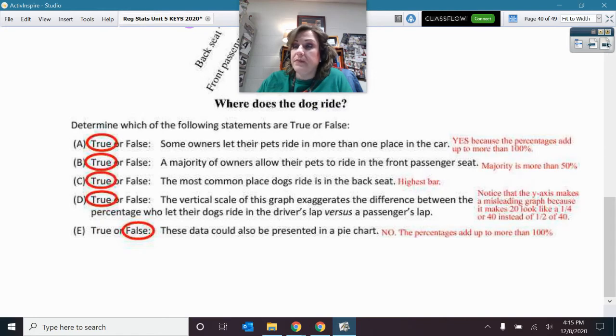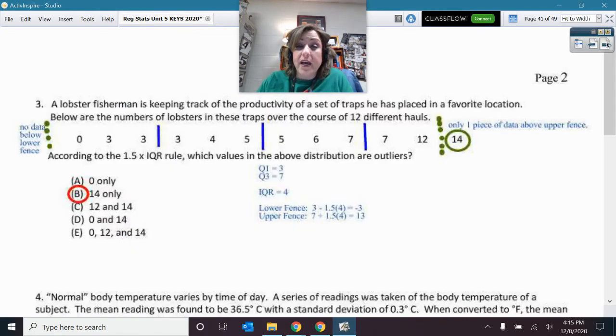All right. Next. Here we go. We're going to have to compute our fences. I used the 1.5 IQR rule. There's 12 pieces of data. Here is where the median is, Q1 and Q3. There I stated them, Q1 and Q3.